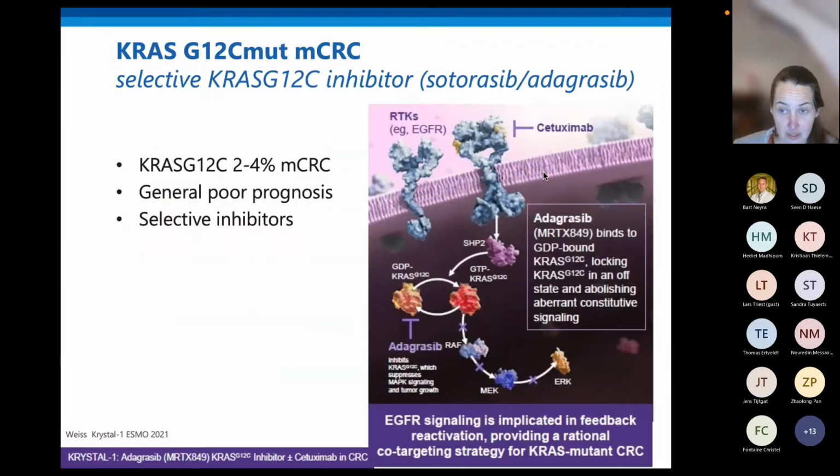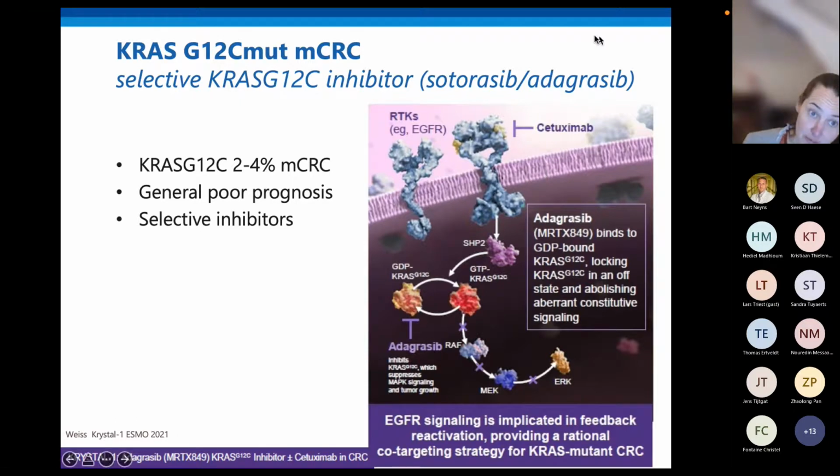I would like to briefly discuss the results for G12C inhibitors, which was presented at last ESMO, so that's the Crystal-1 trial. So when you're looking at KRAS G12C inhibitors, you have sotorasib and you have adagrasib as two selective inhibitors. And at the ESMO in the Crystal trial, adagrasib was used.